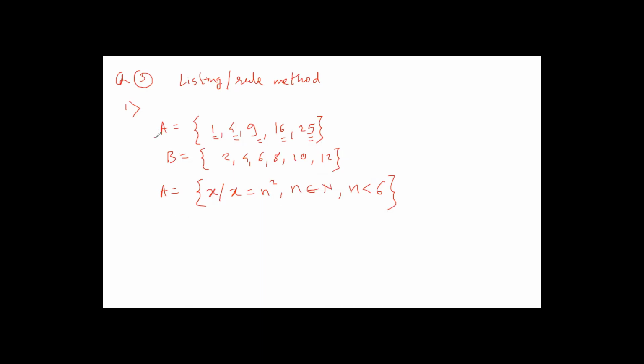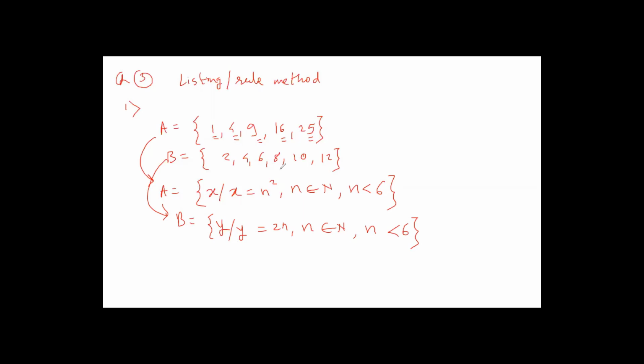Now set A has been written in rule method. Now let's write set B in rule method. So we can write here the set of all elements y such that y equals twice n, n belongs to capital N and small n less than 6. So this is an example of rule method. In listing method we have written 2, 4, 6, 8, 10, 12.